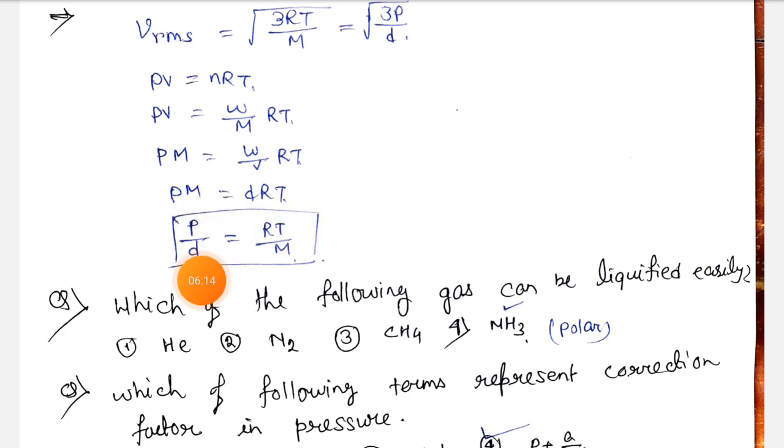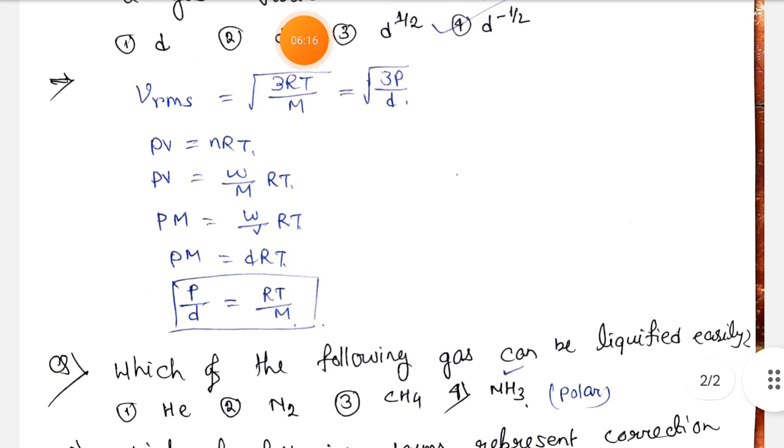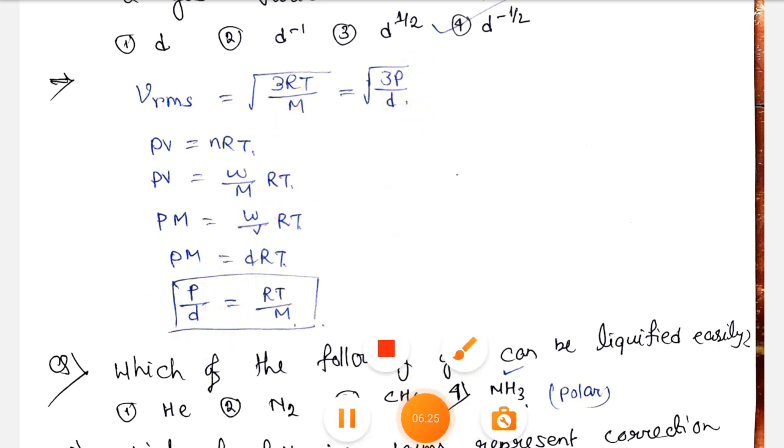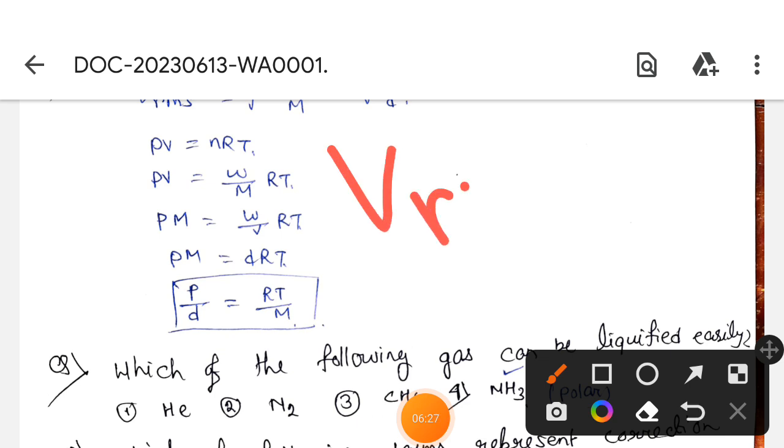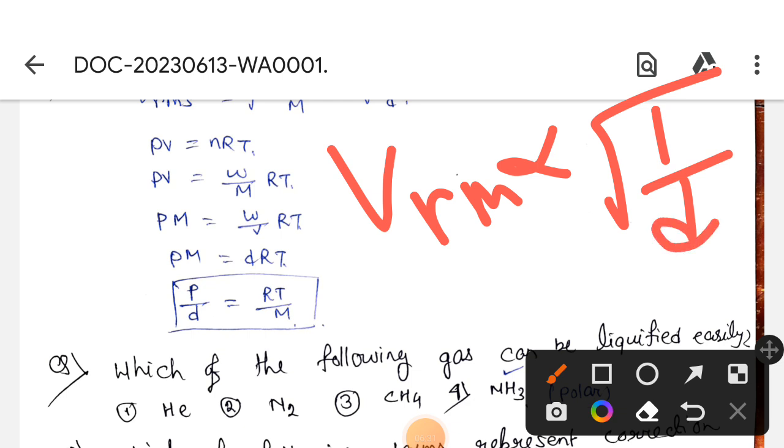So P by D is equal to RT by M. Now you can put this RT by M value in the equation, so P by D. Now V RMS is proportional to root over 1 by D, so D to the power minus half.